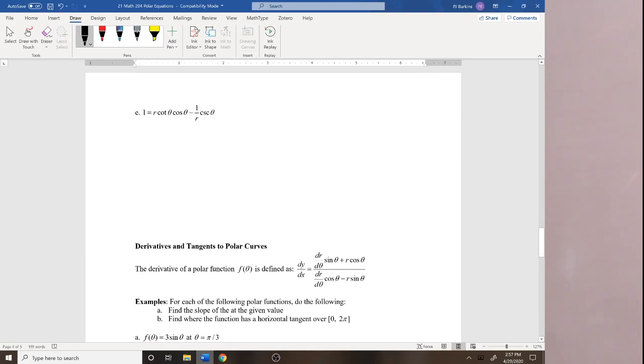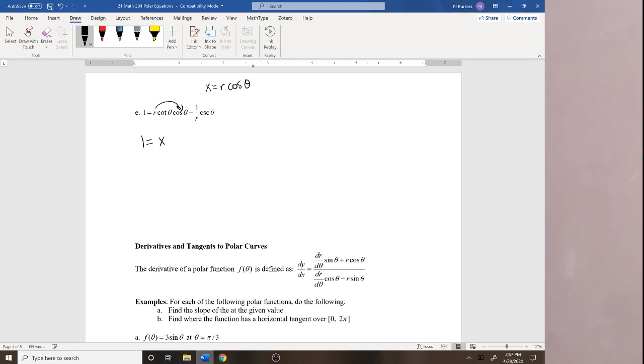So I've got one more of these to do. And this one looks super complicated, but it's really not that bad. So I've got 1 equals, I'm going to leave r. Actually, I'm going to pair r and cosine together because x equals r cosine, right?